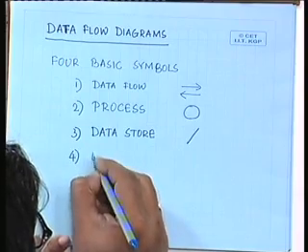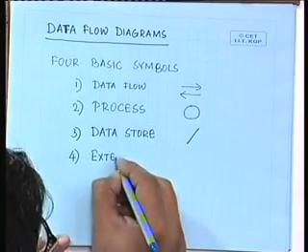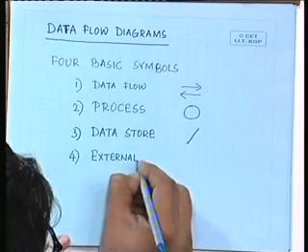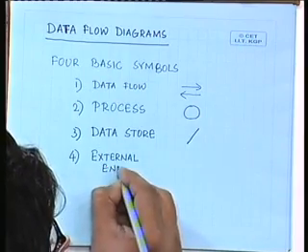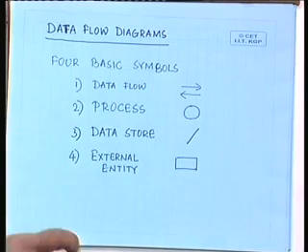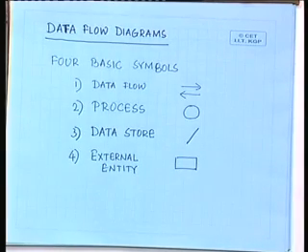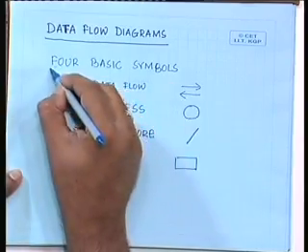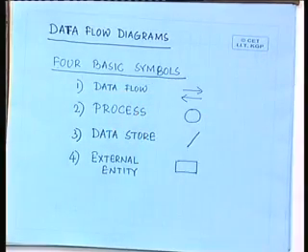And the fourth one is an external entity symbol. So, you see, just using 4 basic symbols, that of data flow, process, data store and external entity, we can develop any amount of complex diagrams, right. So, this is the beauty of this particular technique, that just using 4 basic symbols.